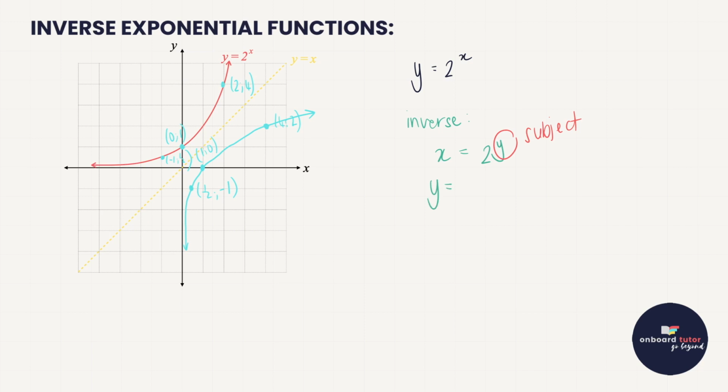So y is equal to log, and then remember what we said, the number here that was the base becomes the base of our log. So it's going to be log base 2 of x. And so what we've just done, grade 12s, is we have drawn a log graph, log base 2 of x. And so a log graph is the inverse of an exponential graph.